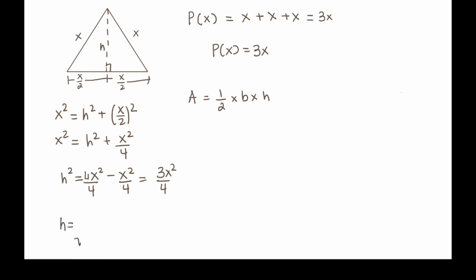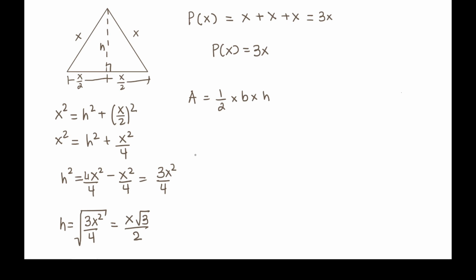And that would give us the height equals the square root of 3x squared over 4. And now we can remove the x and 4 from the radical, since they are perfect squares. So it would be x square root of 3 over 2. And now we've got the height in terms of x.